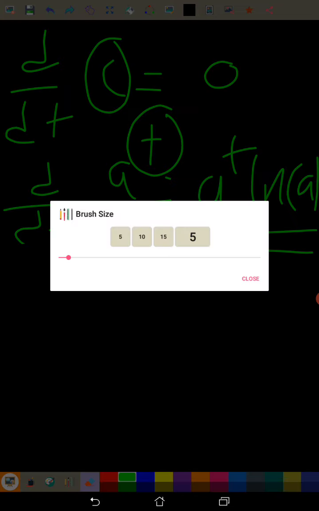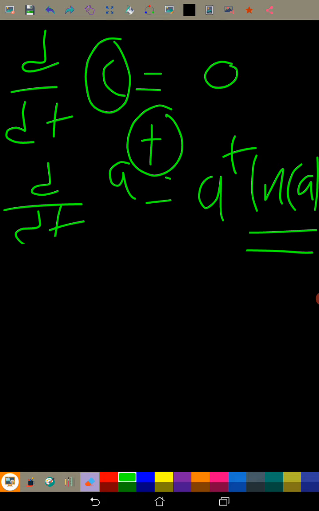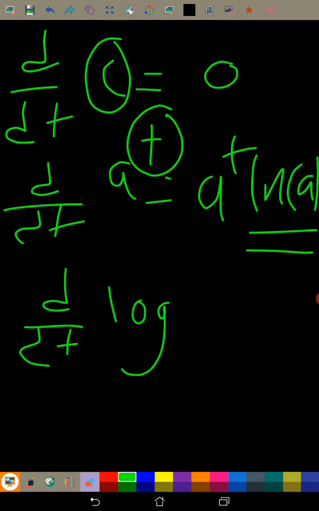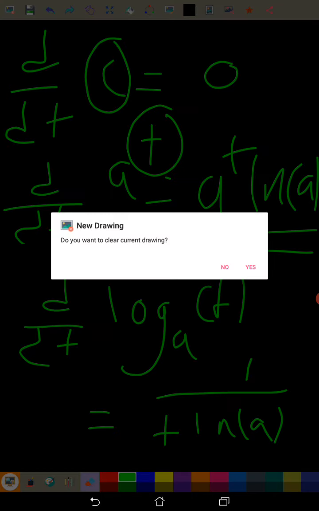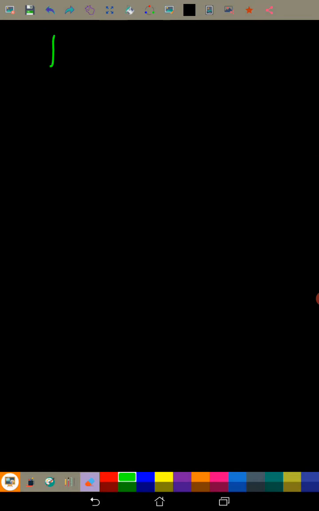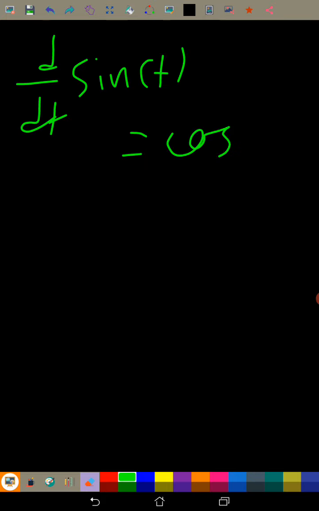And just to wrap up here, you have d dt of log base a of t. If you differentiate this, it gives you something weird like 1 over t ln a. But things that you will probably use are differentiating sine t, which is going to give you cos t.